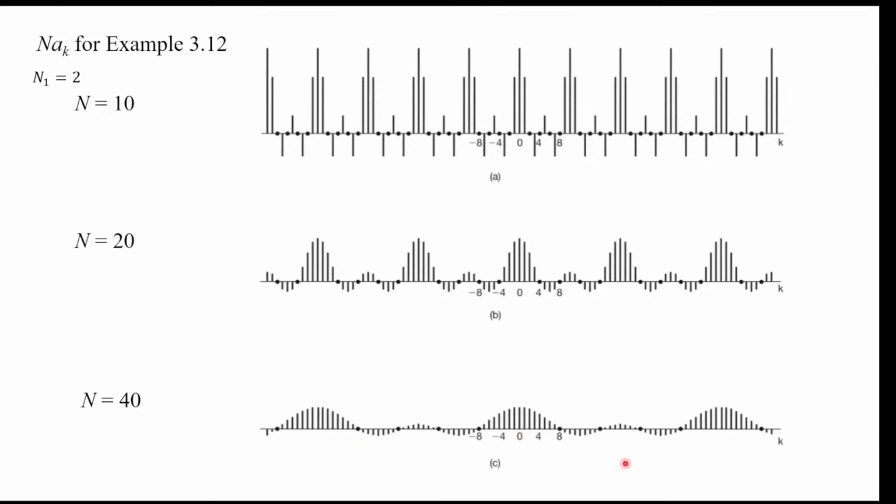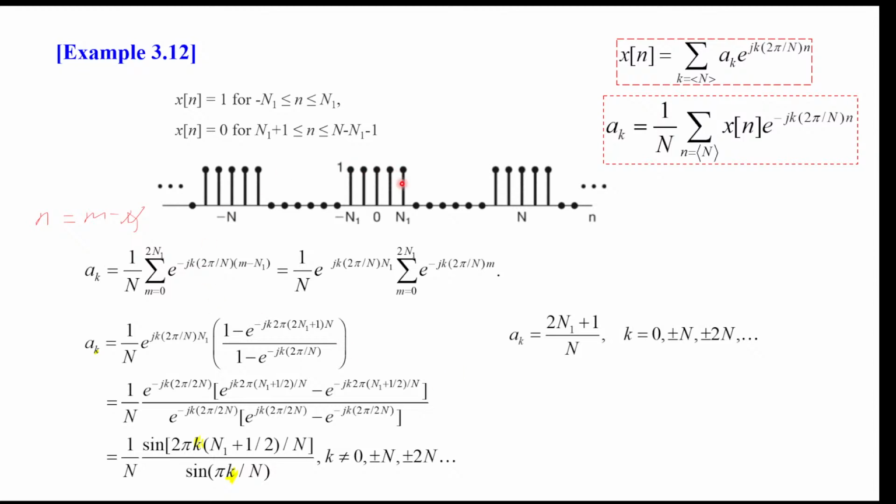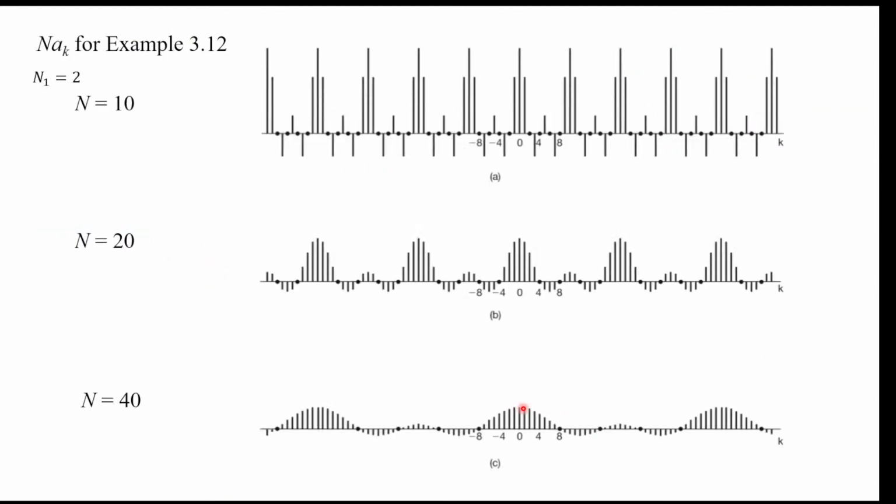You see that you have this big period, and inside you have the oscillation corresponding to n1 equal to 2: you have five spikes, five minimum and maximum in one period. So it's 1, 2, 3, 4, 5, and similarly you have 1, 2, 3, 4, 5 here, etc. For N equal to 10 it's kind of hard to see, but you also have 1, 2, 3, 4, 5, like this.